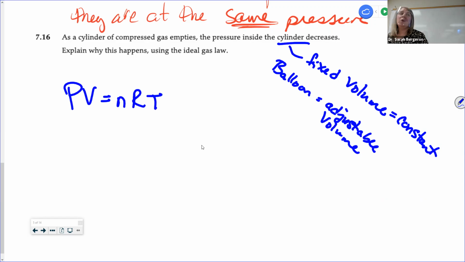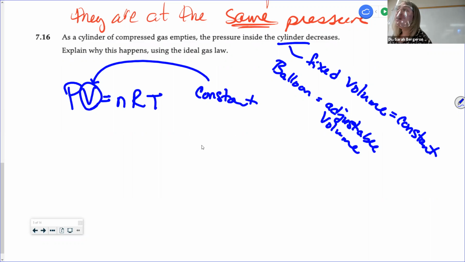Okay, so what are we going to hold constant? We're going to hold volume constant. What else are we going to hold constant? As a cylinder of compressed gas empties, if it's a helium balloon tank, I'm starting with a full tank and I filled 50 balloons.